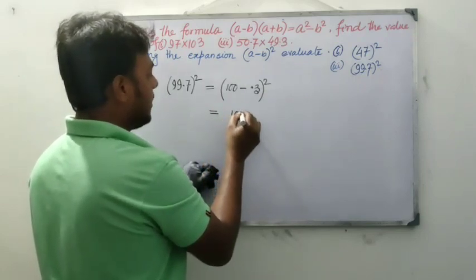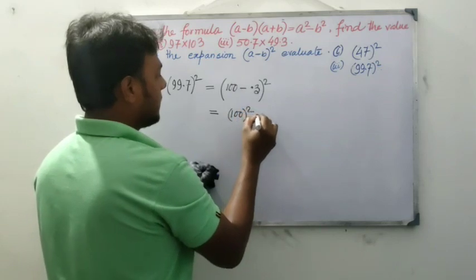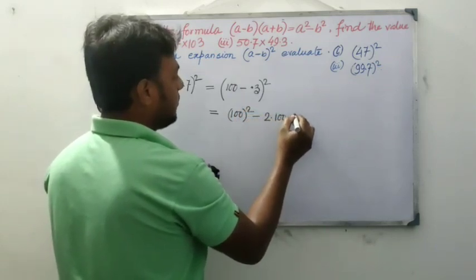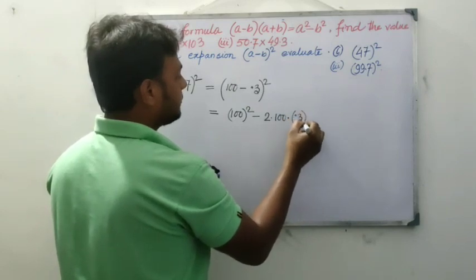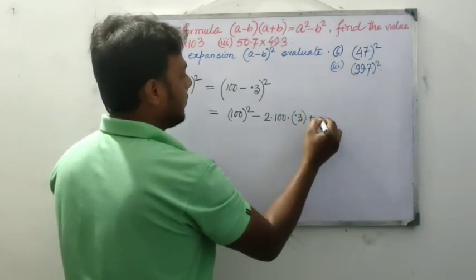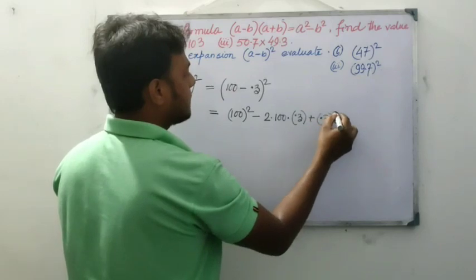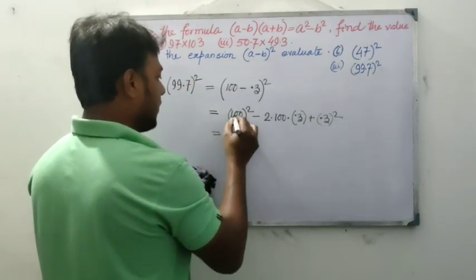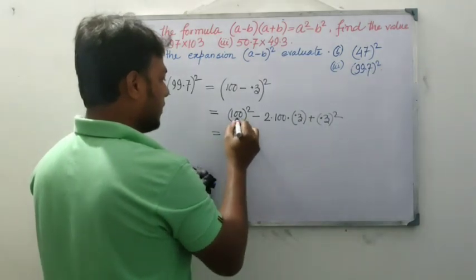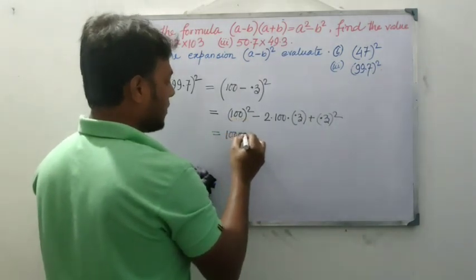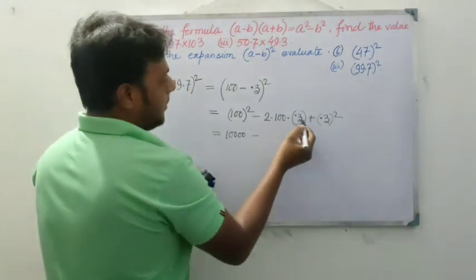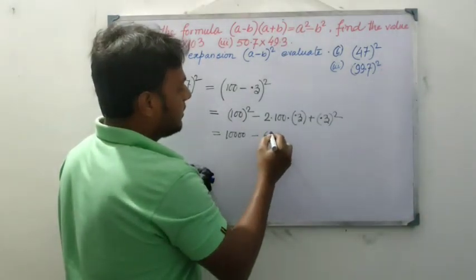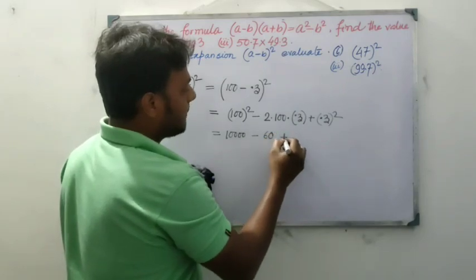So it will be 100 square minus 2ab, that means 2 into 100 into b, here 0.3, plus 0.3 square. Because 100 square is 10000, and minus, if you multiply 2 into 100 into 0.3, ultimately it will come 60. Plus 0.09.